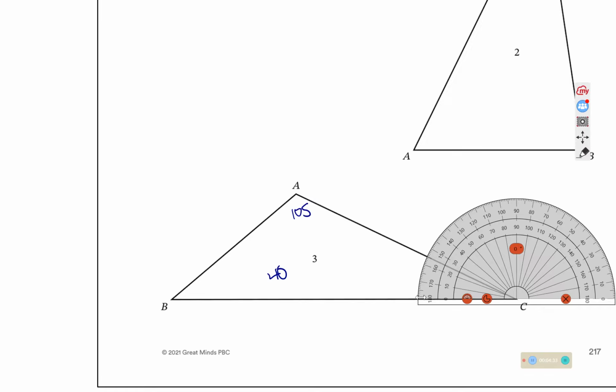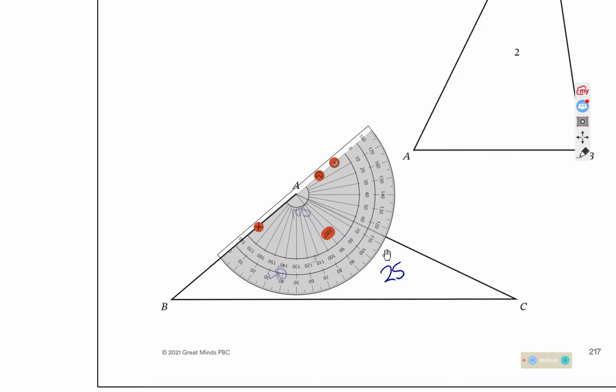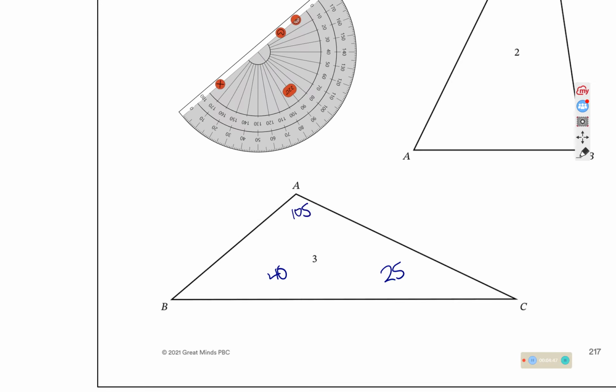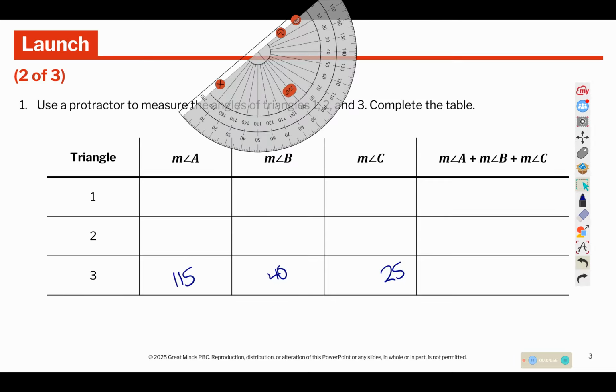And C is 10, 25. A should be 115, not 105. Add all those together. 115 plus 40 is 155, plus 25 is 180.